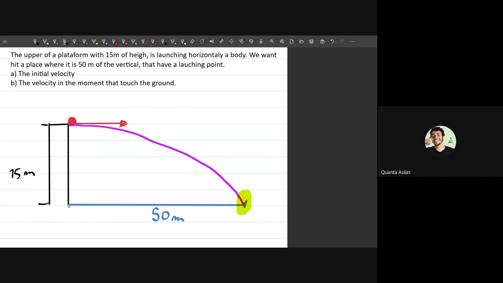This point has this coordinate here, 50 on the x-axis and 0 on the y-axis. So we need these two coordinates at the same time. So again, we can use this strategy to obtain the time, and use this time in the other equation.